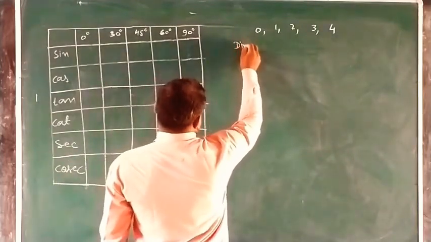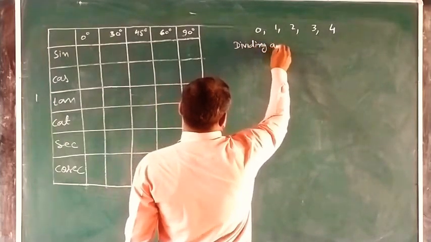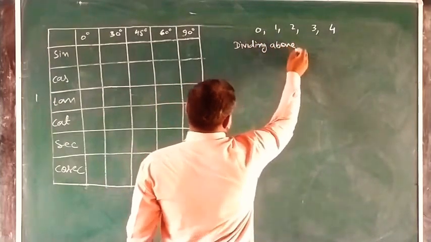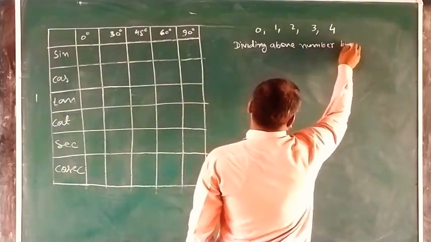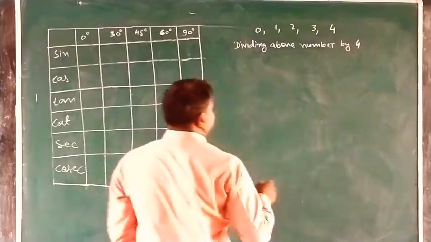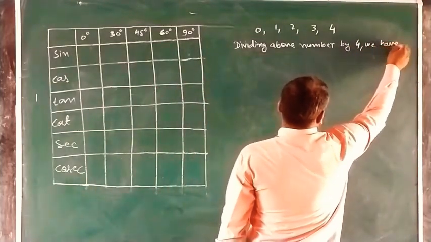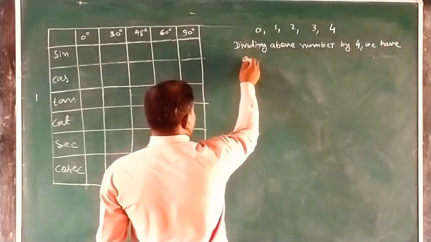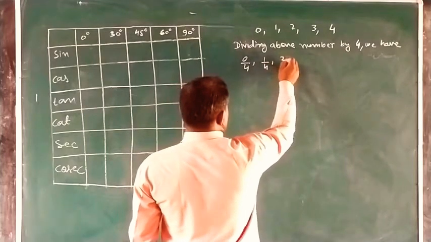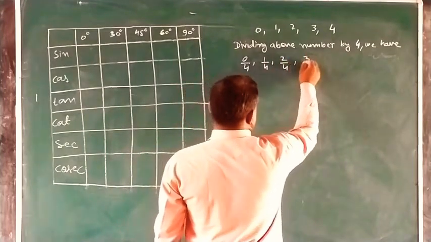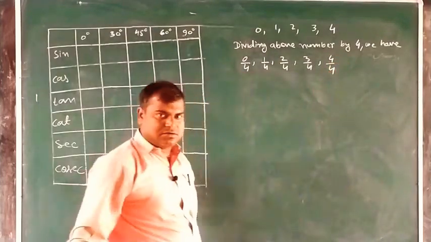Dividing the above numbers by 4, we have 0 by 4, 1 by 4, 2 by 4, 3 by 4 and last 4 by 4.